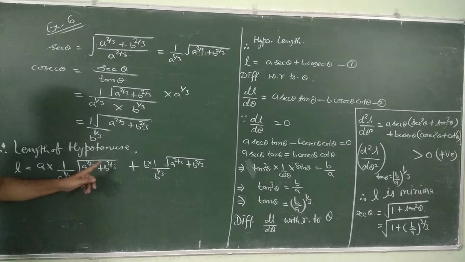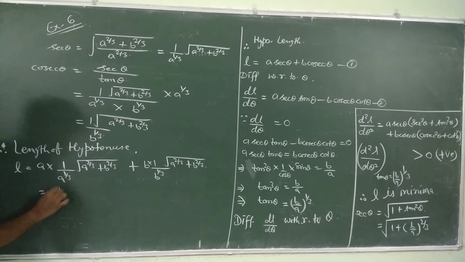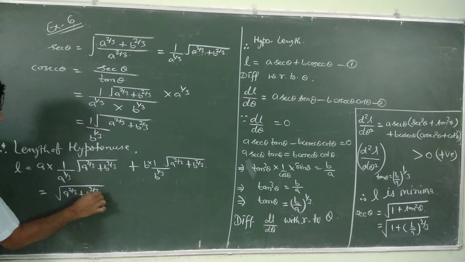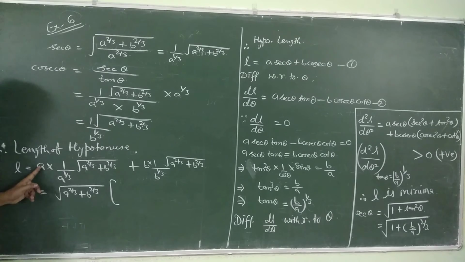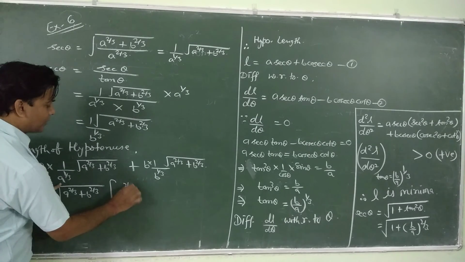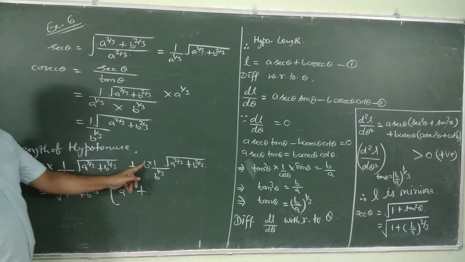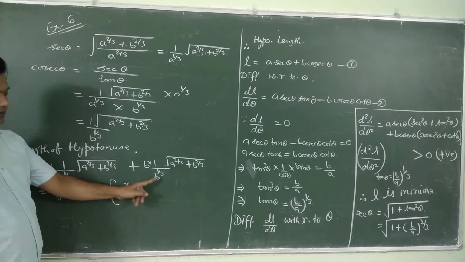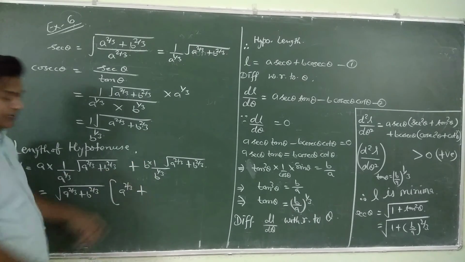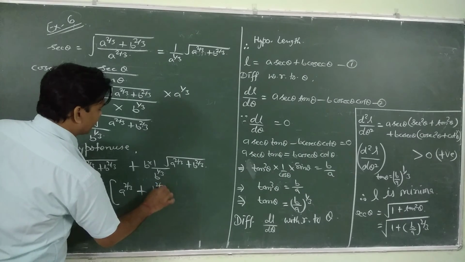Now we are taking this root as common. Root A raised to 2 by 3 plus B raised to 2 by 3, taking common inside the bracket A upon A raised to 1 by 3, which means A raised to 2 by 3, plus B upon B raised to 1 by 3, which reduces the power to B raised to 2 by 3.